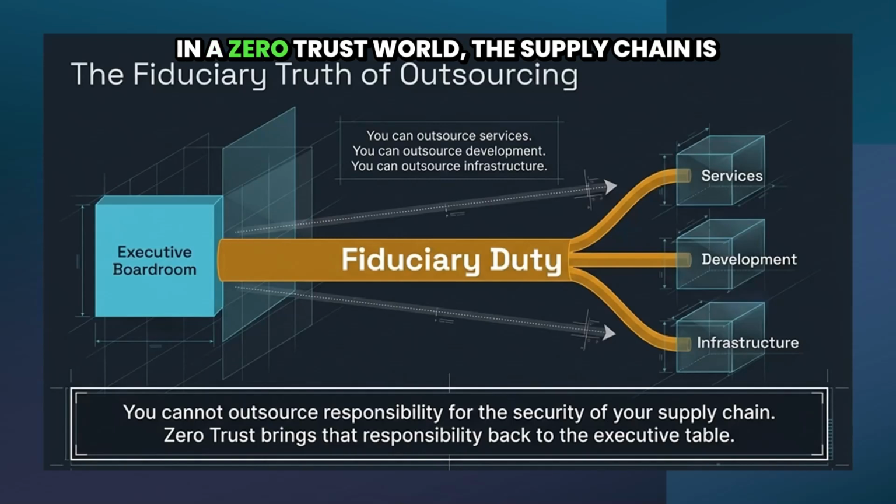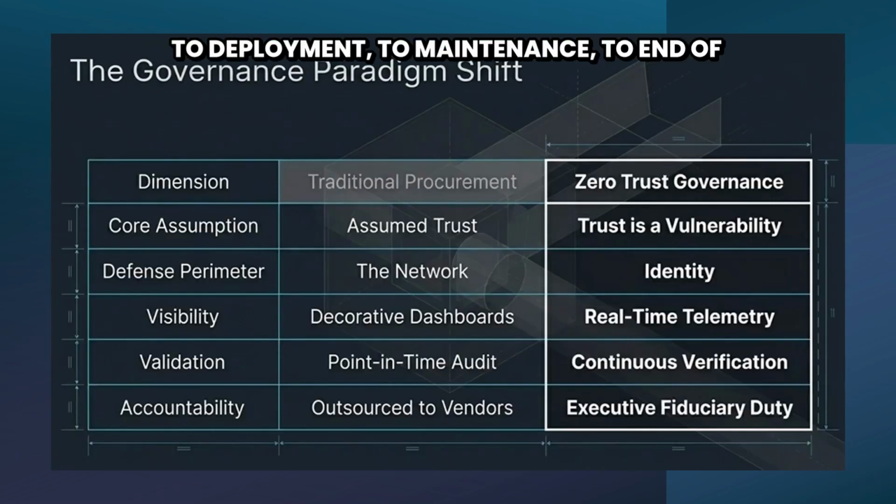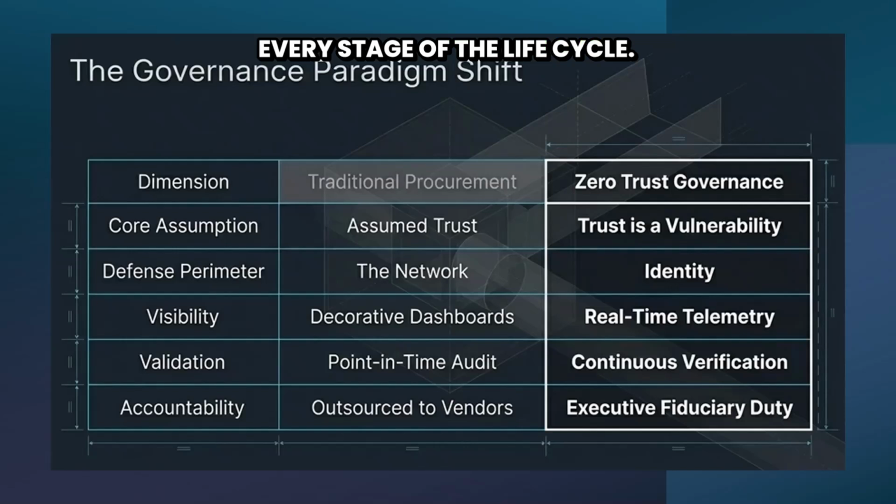In a zero trust world, the supply chain is not a series of disconnected vendors. It is a continuous ecosystem that must be secured from initial design to development to integration to deployment to maintenance to end of life. This is end-to-end governance. It means leaders must have visibility into every stage of the life cycle, not just the moment a contract is signed.